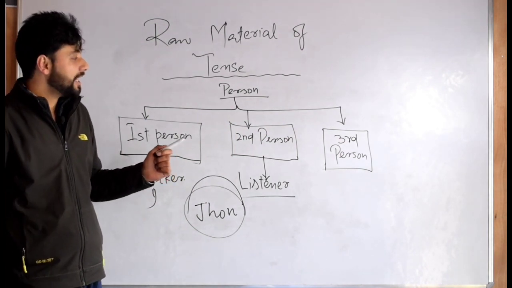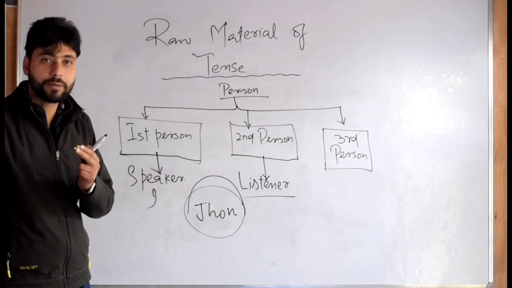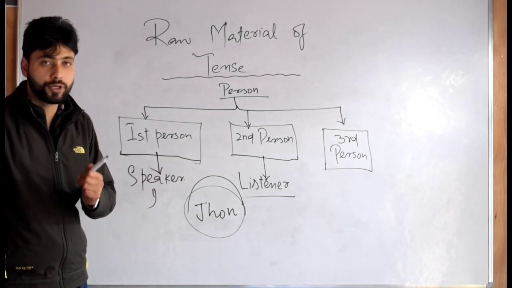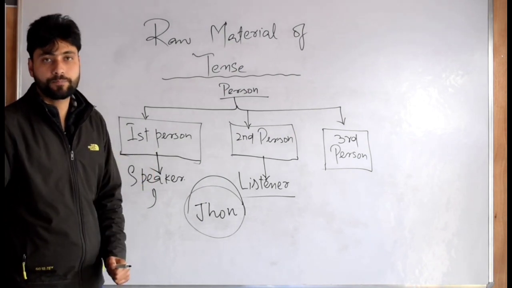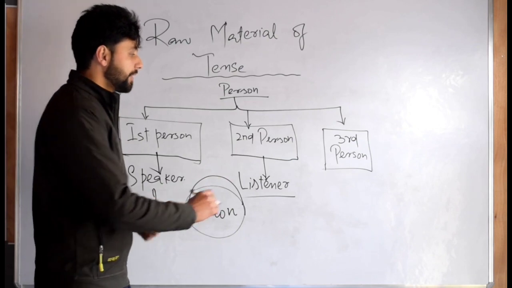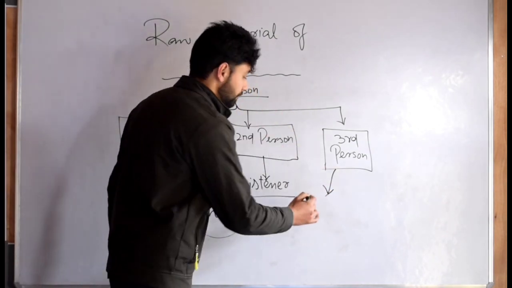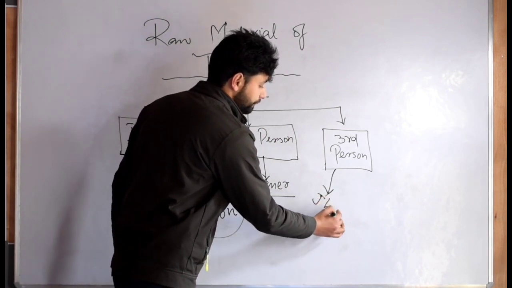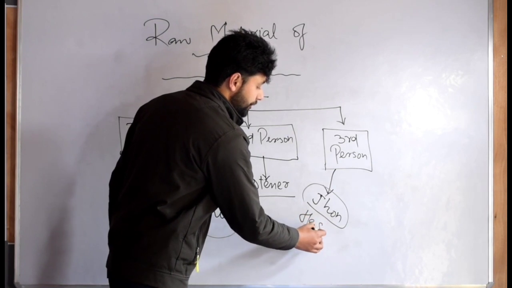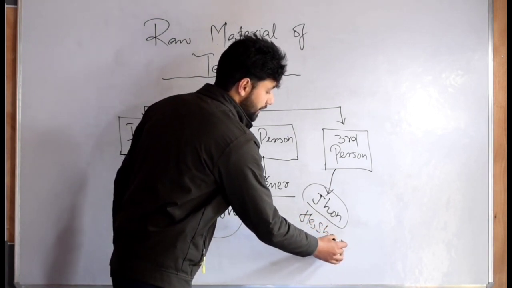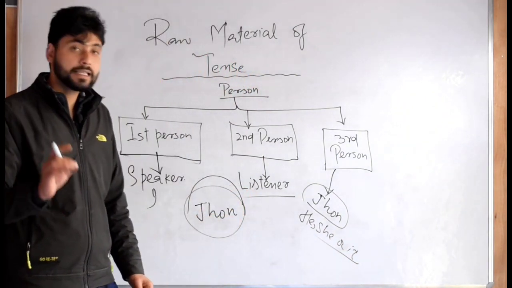Now, in case of third person, you need to remember one more point. That is singular or plural. If a third person is just a name, John, or he, she, or it, then it is singular.